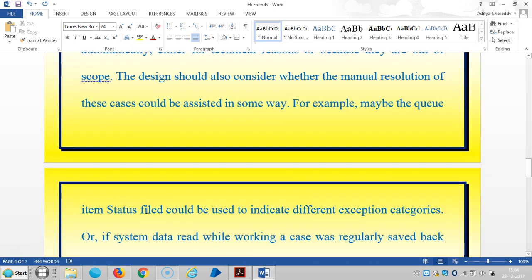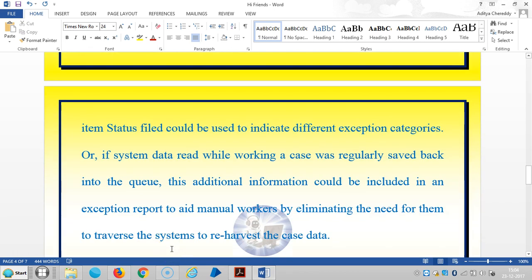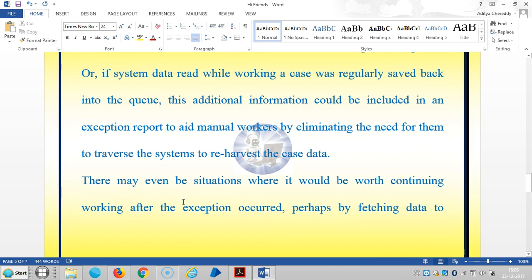For example, maybe the queue item status field could be used to indicate different exception categories, or system data read while working a case was regularly saved back into the queue, and this additional information could be included in an exception report to aid manual workers by eliminating the need for them to traverse the systems to reharvest the case data.